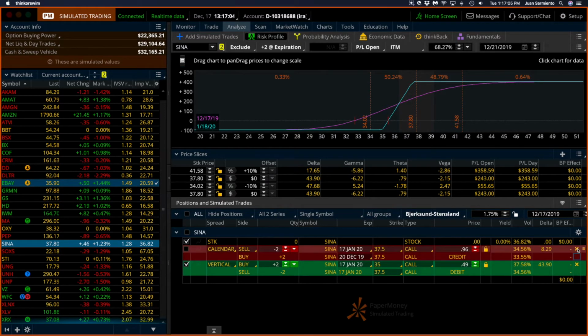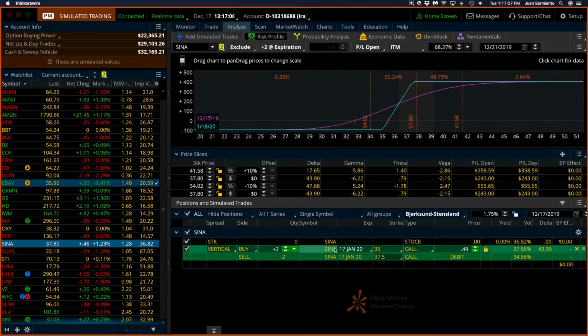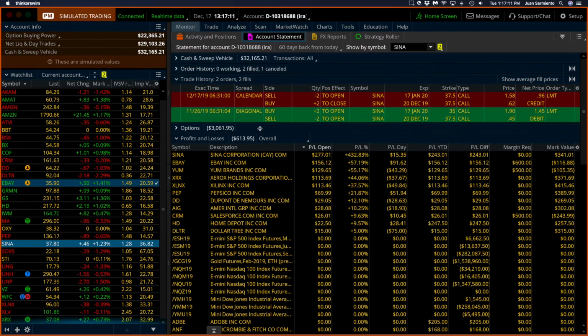The problem with this form of trading is that when you go to the account statement and try to look at here the P&L percentage, it shows me 432%. Well, that's not realistic, okay? It's just because it's only a portion of the trade, essentially the portion that I took profits on.